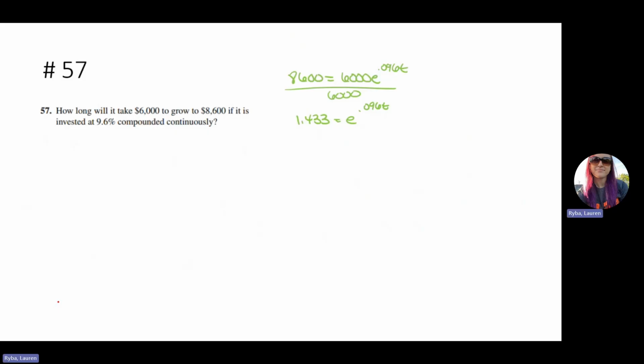So we said in order to get rid of the exponential on an e, we're going to log both sides. So natural log of 1.433 equals natural log of e to the 0.096 t. And then we said there's the property that can bring this power down front. And then we know that the natural log of e is just 1, so we can drop that out of our problem.